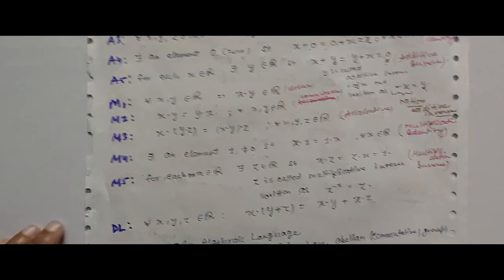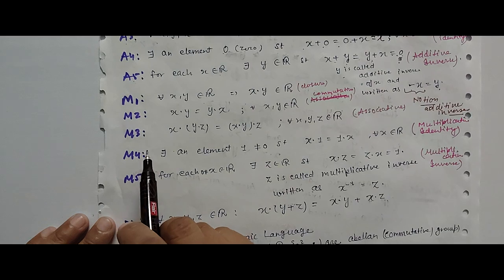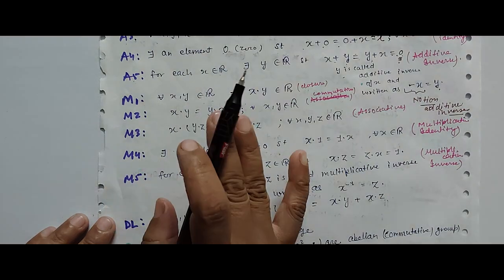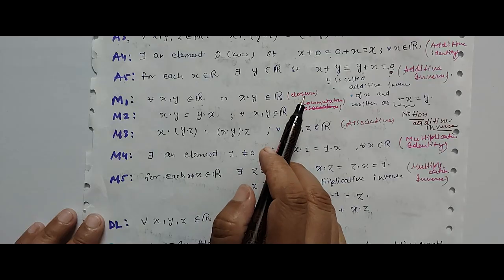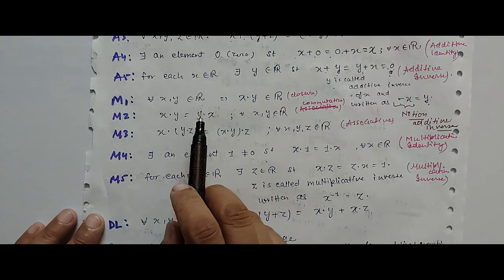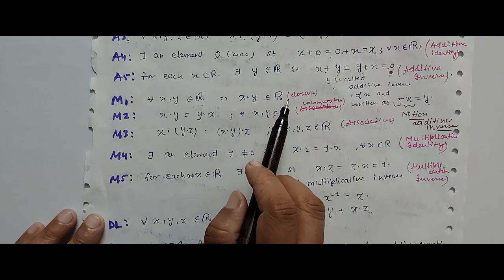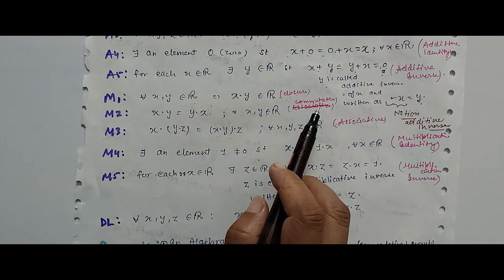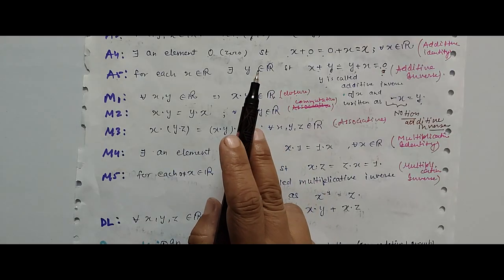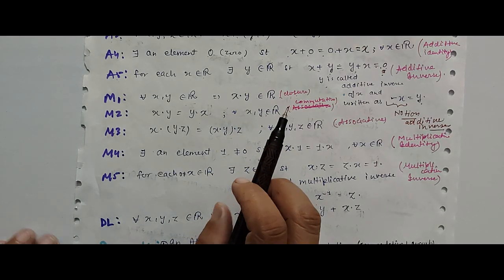Now the other properties, M1, M2, M3, M4, M5, are related to the product, that is multiplication. The set R satisfies the closure property with respect to multiplication. It means if x and y are two elements in R, then the product will be in R. Commutativity: the same properties which hold for addition hold for multiplication as well.